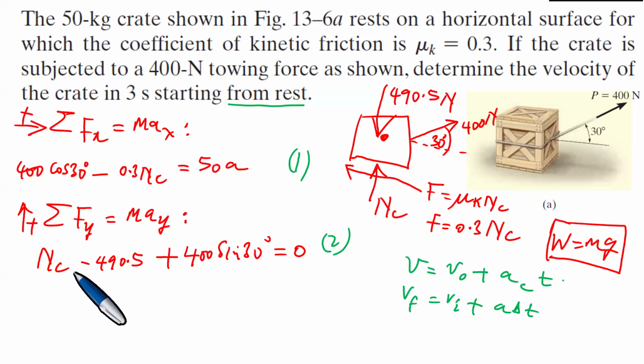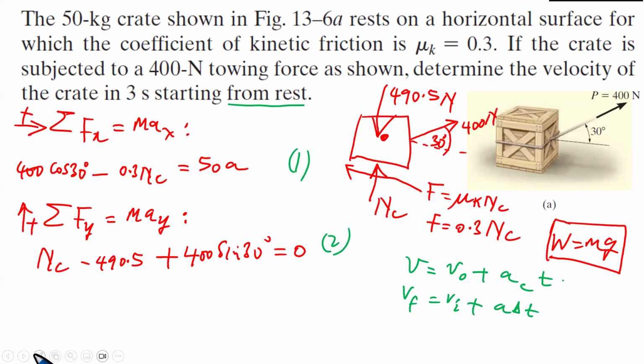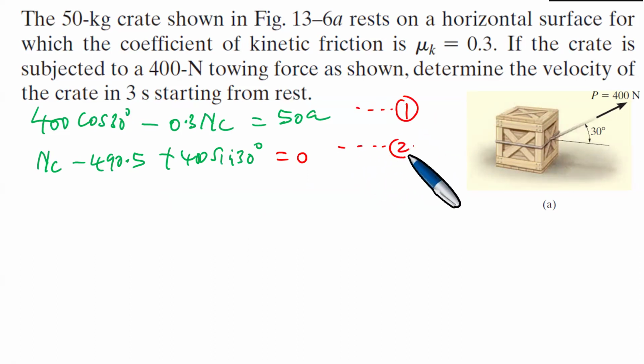And then we have NC minus 490.5 plus 400 sine 30 equals 0. Okay, I'm just writing these equations next to each other, and then we'll manipulate them and solve. We called this the first equation, and we called this the second equation. There are two unknowns, the acceleration and the normal.